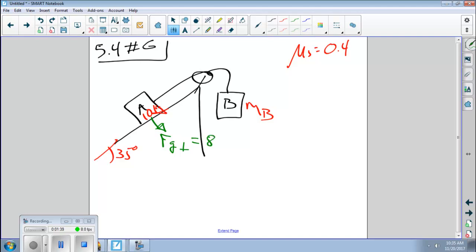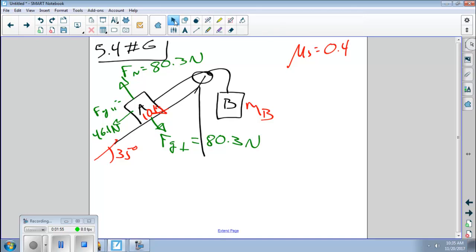Which means my normal force is also going to be 80.3, right? Yeah, then I think the parallel is 46.1 newtons. Cool. Everybody good up to there? Okay, what else?